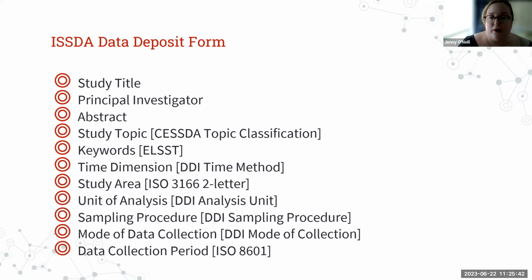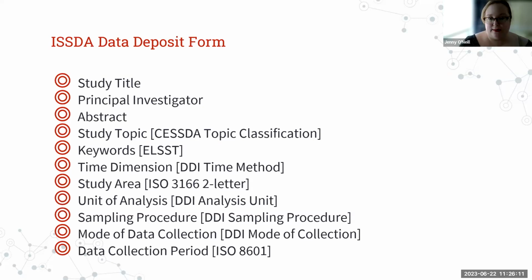You'll see in the square brackets that we also use a lot of international thesauri and ontologies, which help us make sure that our data are interoperable with other metadata. So we have the ISSDA topic classification or the European Language Social Science Thesaurus, which help us make sure that we're using international standards for the topics and for the keywords.